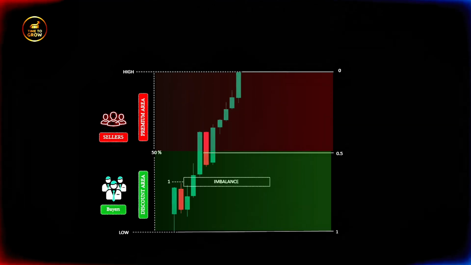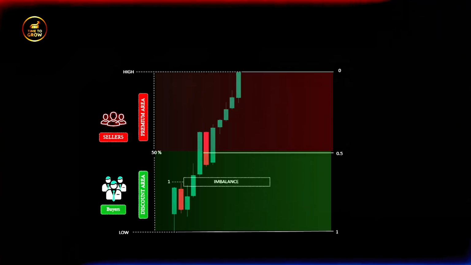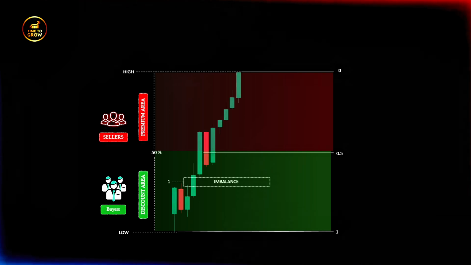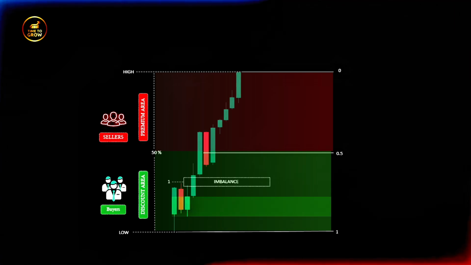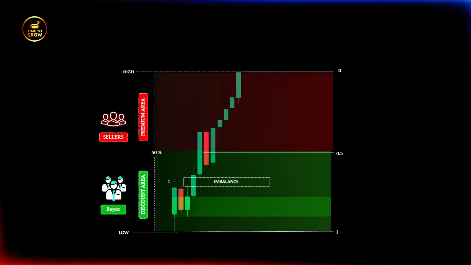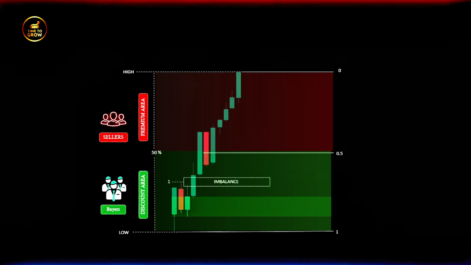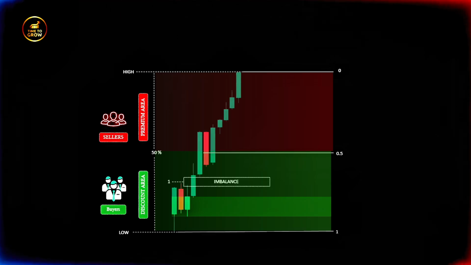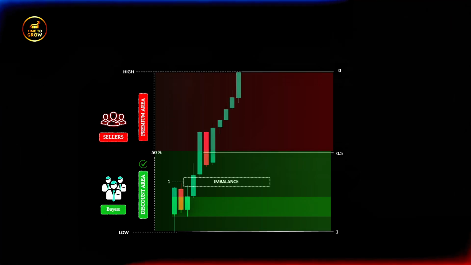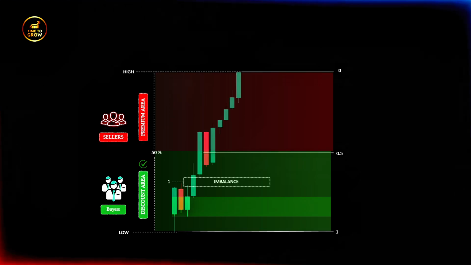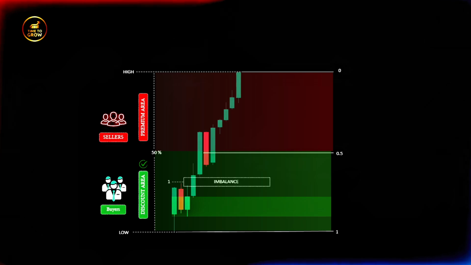But look at the imbalance area below it. Right under that zone, you can clearly see a support area. Price has taken support here before and moved upward from this level, and this imbalance is forming inside the discount zone. So buyers who missed the earlier long entry will likely attempt to enter here.